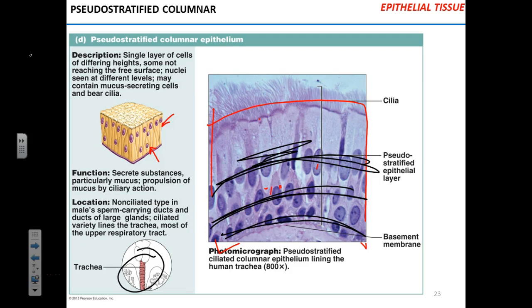In the ducts of the male reproductive system, cilia will move the sperm cells towards the ejaculatory duct and then eventually the urethra. Okay, from the testis through the epididymis, vas deferens, towards the ejaculatory duct. That makes sense?